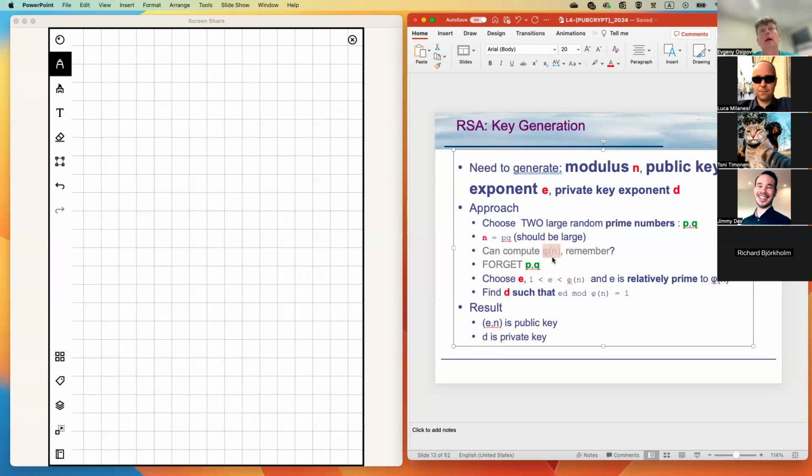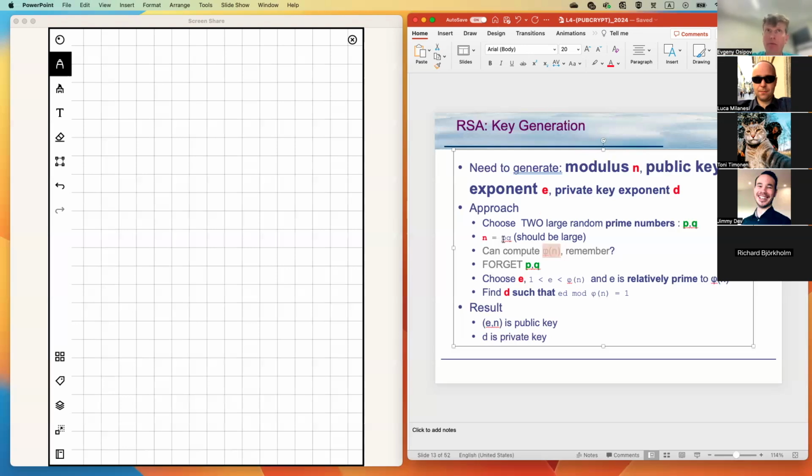So this is the first strength of the algorithm. So knowing this n, and remember, p and q are very large prime numbers, so it's very hard to generate prime numbers. But it's even harder, so it is called the large number factorization problem. So knowing n, to find which of the p and q was used to produce it.